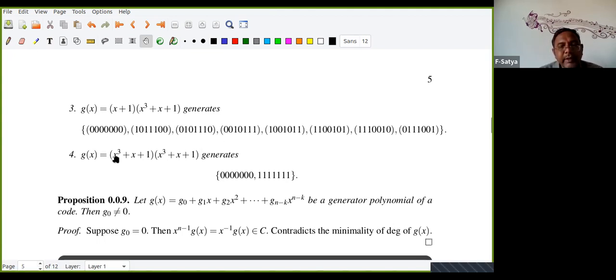Now this is degree 6, so I can multiply only with degree 1, which is either 0 or, what is it I'm telling?